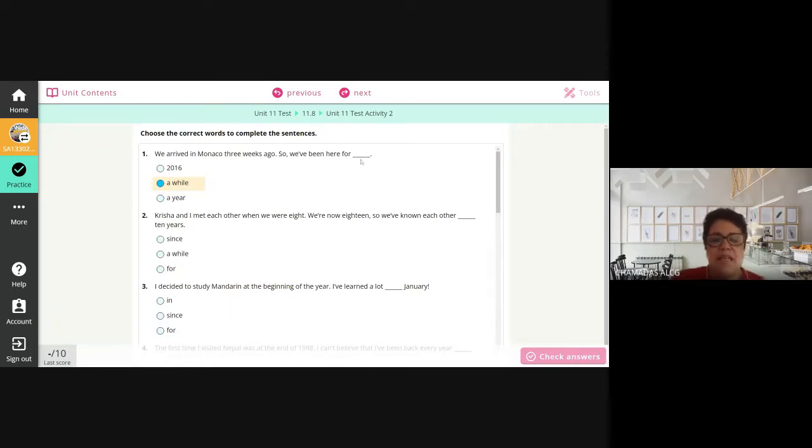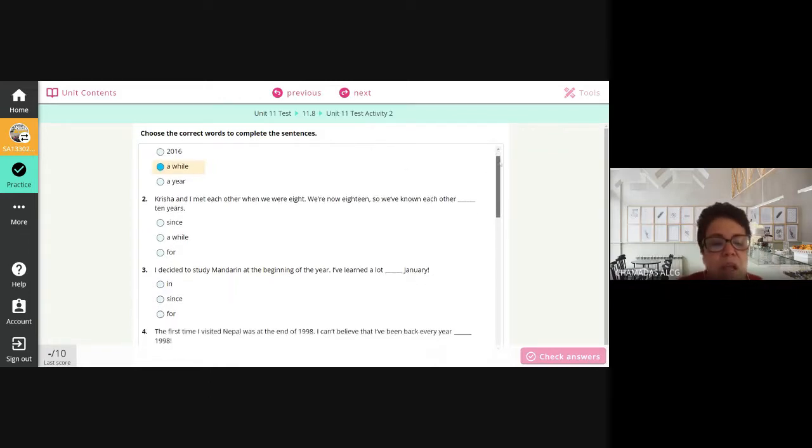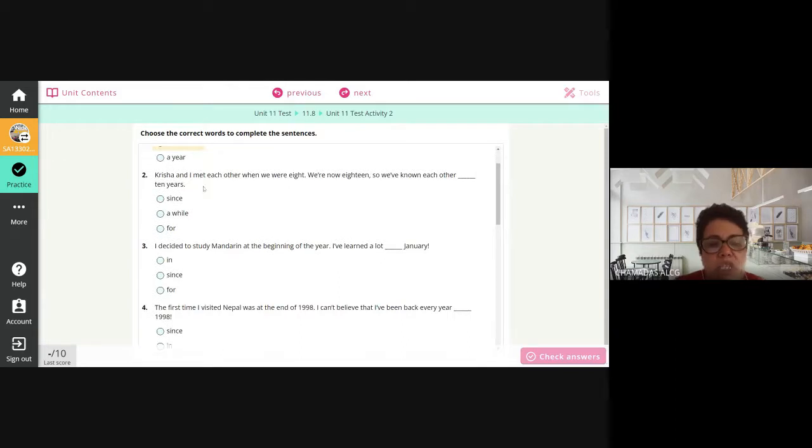This expression, guys, for a while means "por tempo." Okay. That's the idea, for a while. Or "há tempo" in Portuguese. Now, Krishna and I met each other when we were 8.